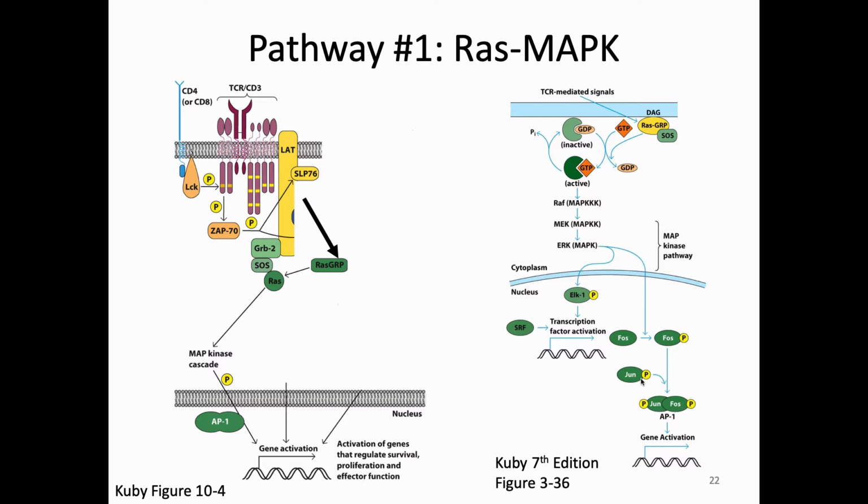We turn on a MAP kinase called ERK, it turns on FOS. These 2 proteins, when bound together, are AP1. So in the end, we get AP1 activation because we made a FOS and we made a JUN, and together they're AP1. And then we get 1/3 of our transcription process happening.